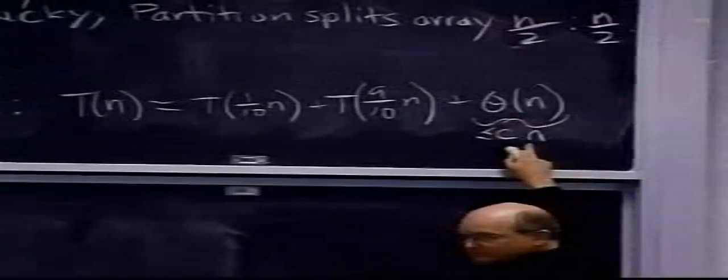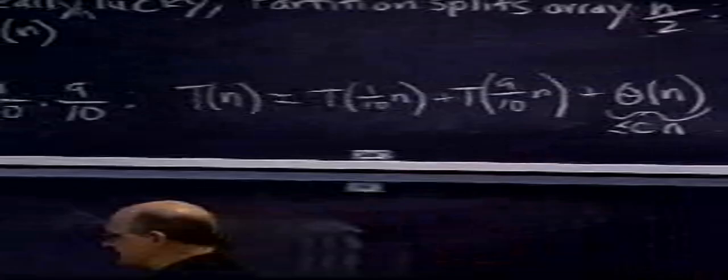You start with a recursion tree that consists simply of the running time, T of n. Then we rewrite the recurrence in a tree-like form, putting Cn at the root, plus T of 1/10 n and T of 9/10 n.